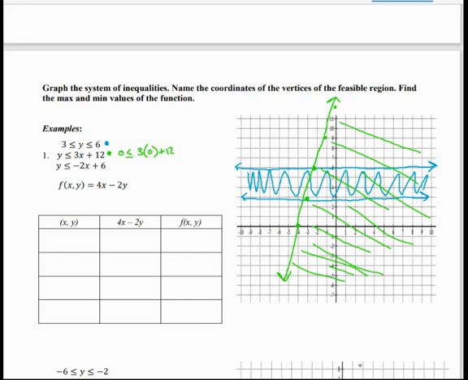Okay, now let's graph our last inequality. And that has a y-intercept of 6 and a slope of negative 2, down 2 over 1, down 2 over 1, up 2 over 1.